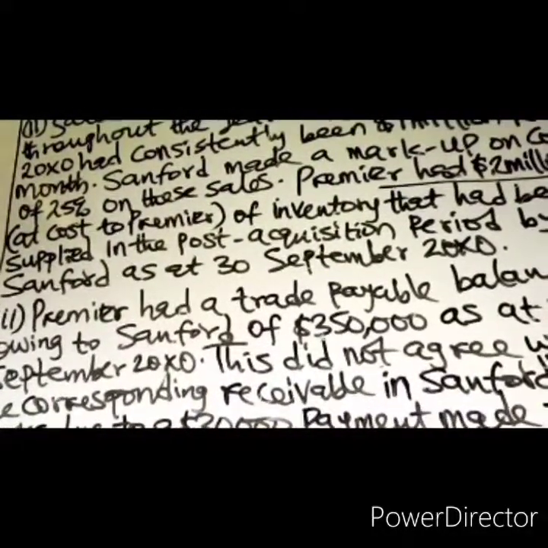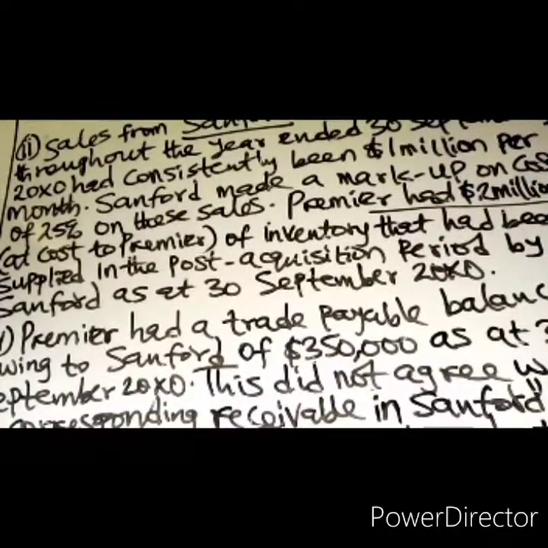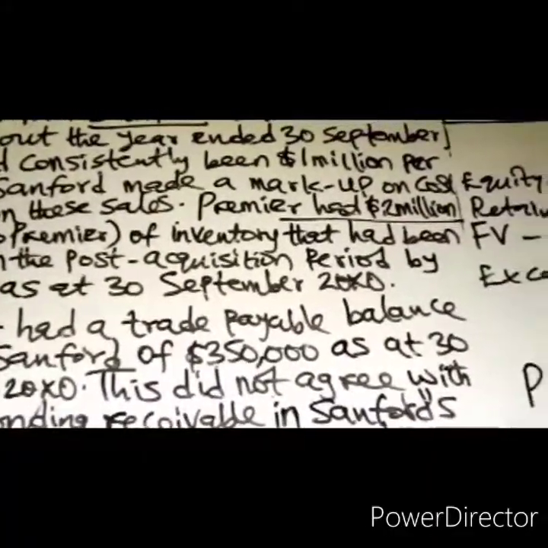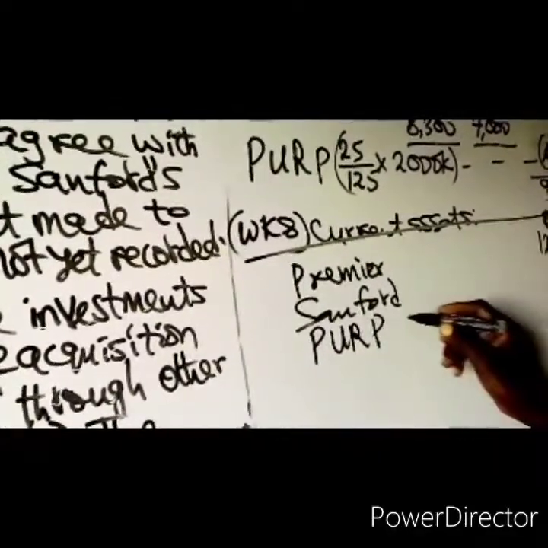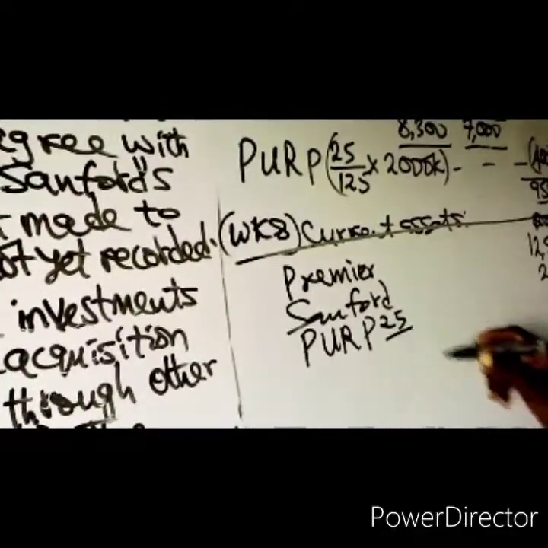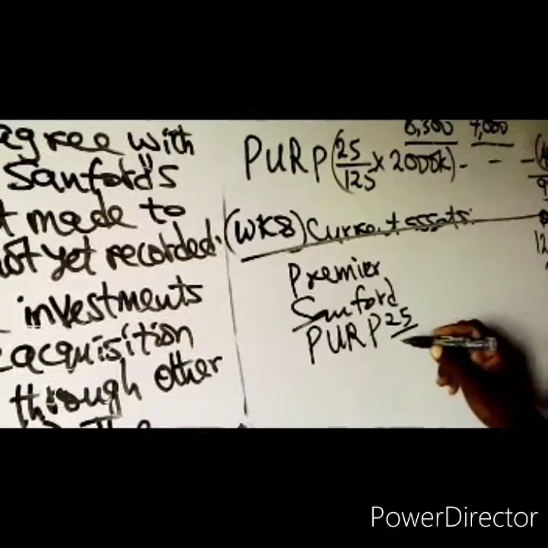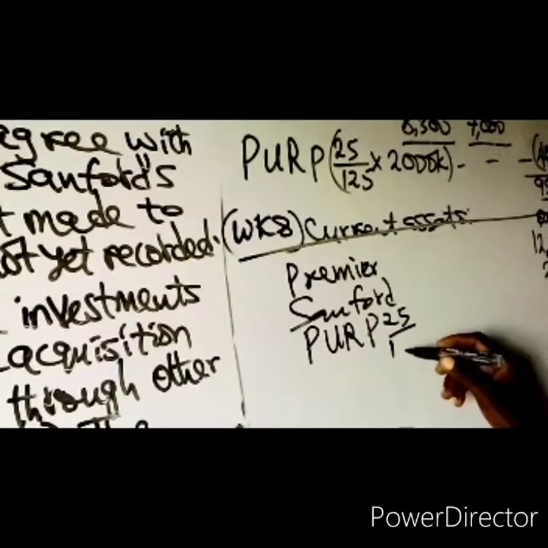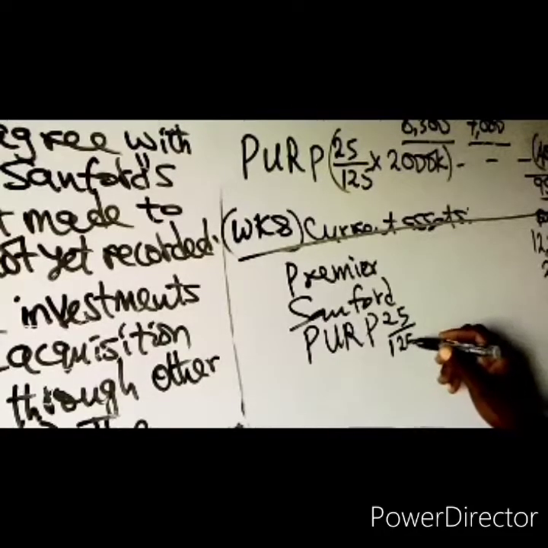Now, these sales will be used to calculate the unrealized profit. So you calculate the provision for unrealized profit, which is a 25% markup. I've told you that when you are converting from markup to margin, you add the numerator to the denominator. You have 25%, which is 25 over 100. If you add the numerator, 25, to 100, then you have 125.